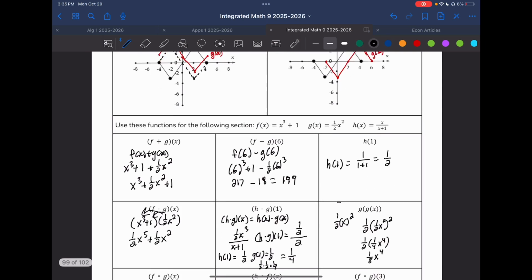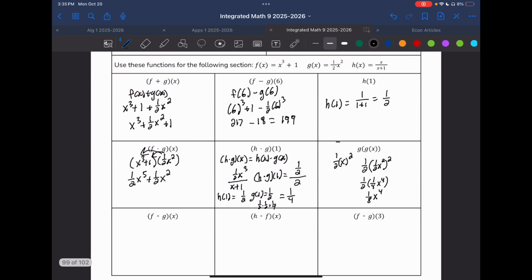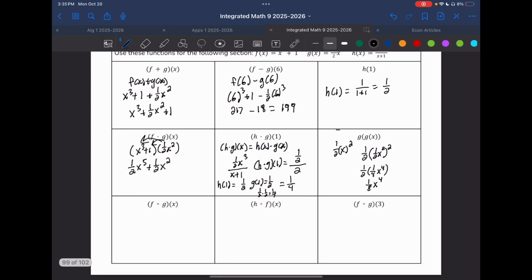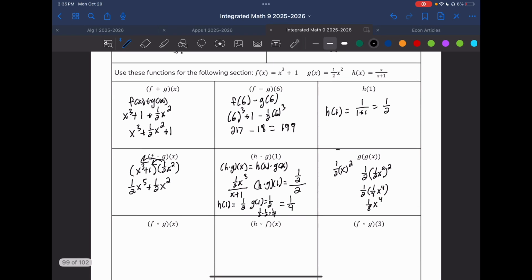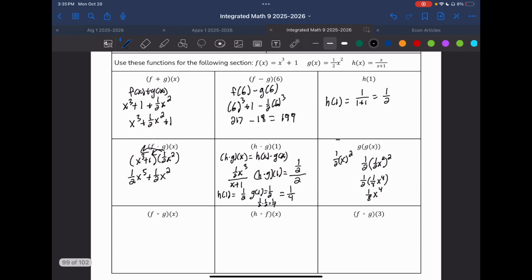All right, so now we get into the composition of functions where we have two different functions. So f of g of x. Sorry, f of x is x cubed plus 1. So we want to take that g of x and plug it in for the x in f of x.